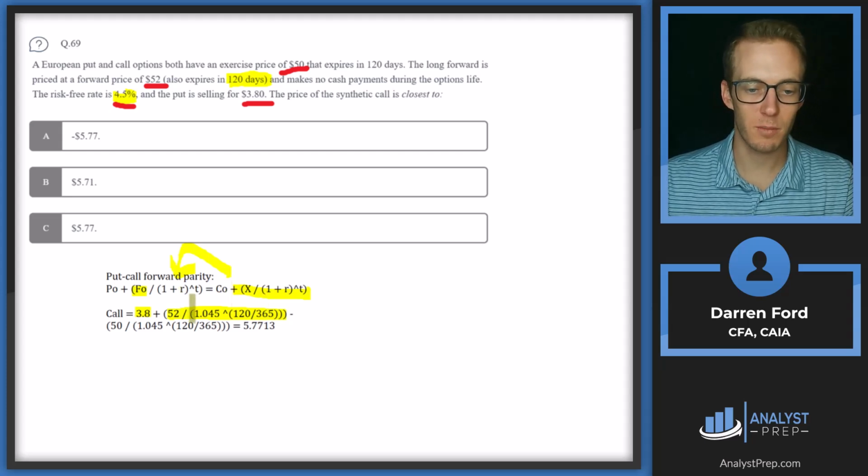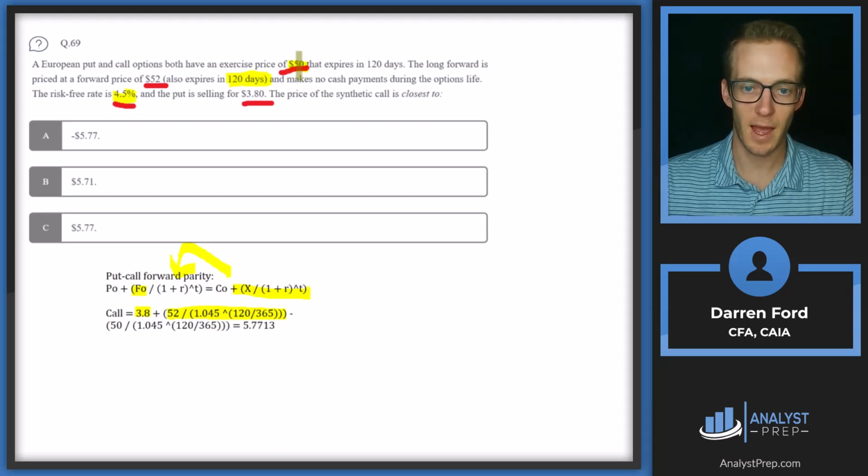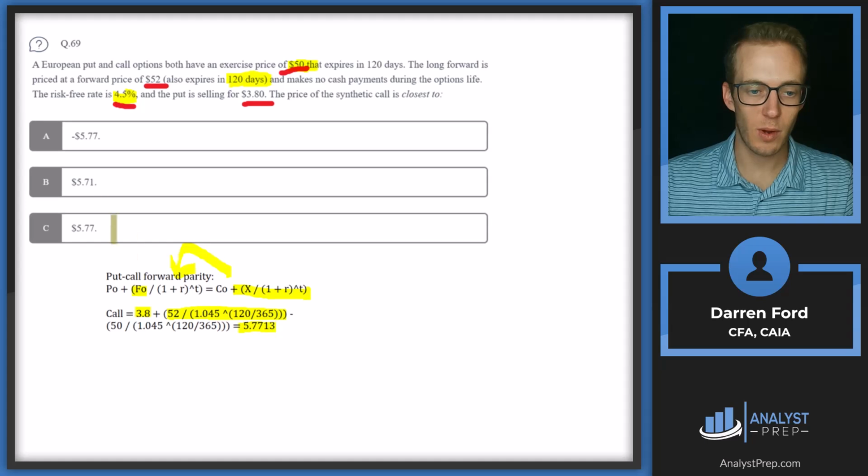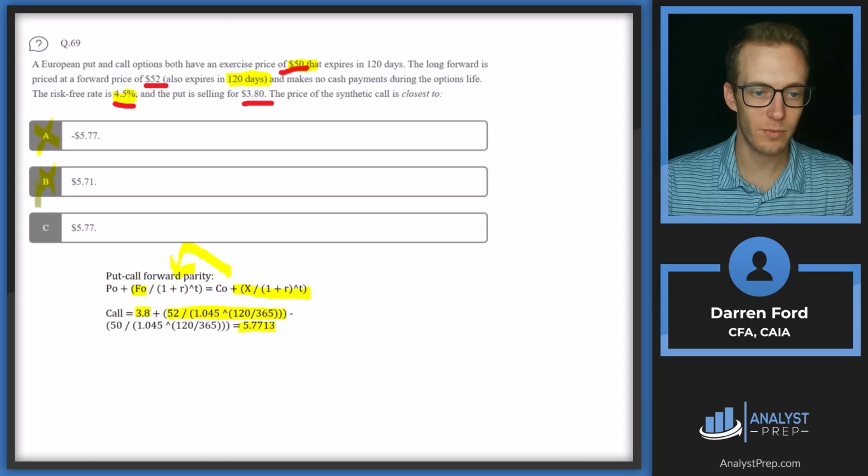And then it's almost the same exact calculation that we're subtracting for the riskless bond component, which is going to be that exercise price of 50 discounted back at the risk-free rate for 120 days. And when we work that through, we get 5.77. That's not going to be right for the negative, since we have positive 5.71 and C positive 5.77.